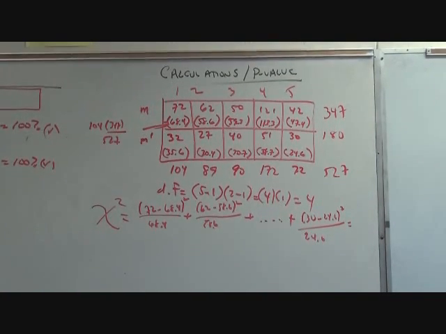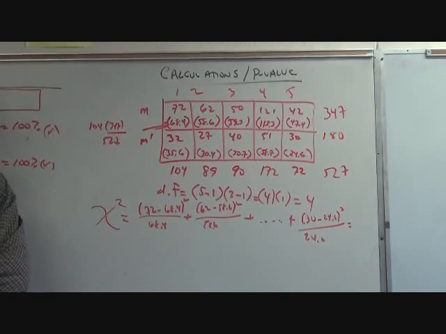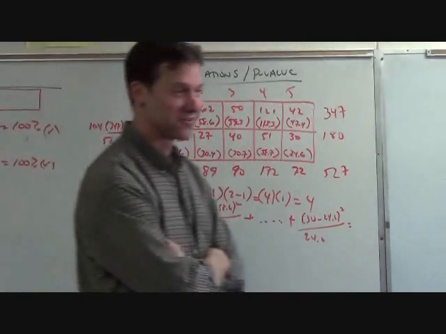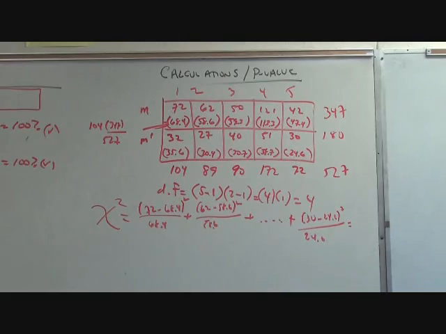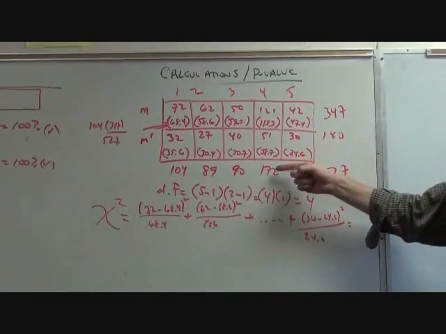Got a number for me? You got a number? 13.5. No. Got a chi-squared issue somewhere. You got a different number for me? I hope these expecteds I gave you were right. Are these expecteds right?